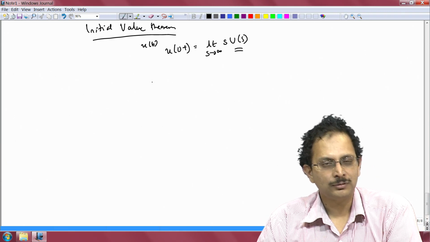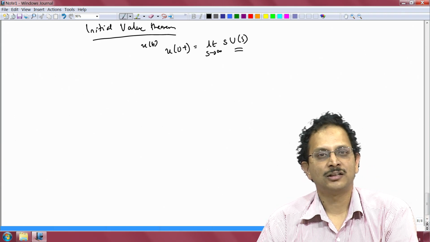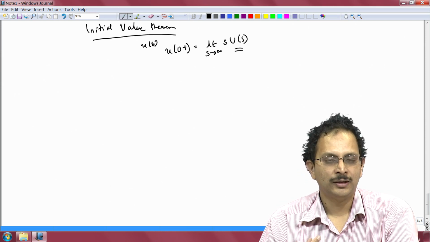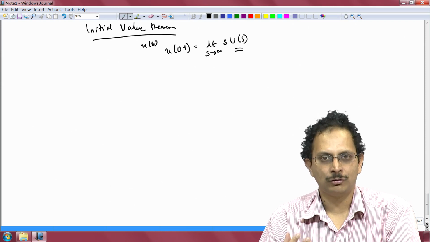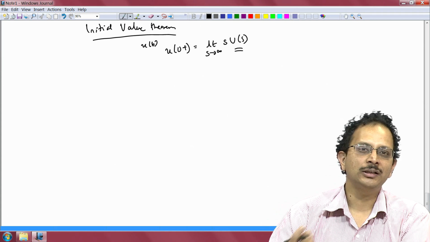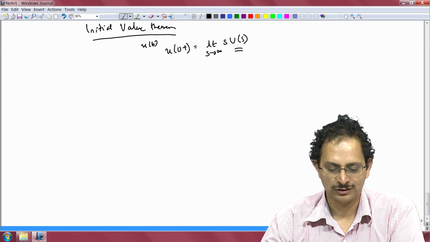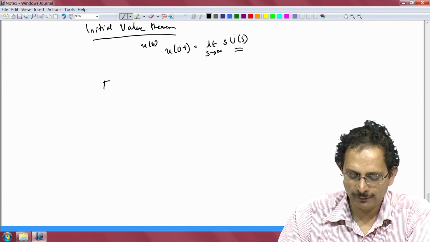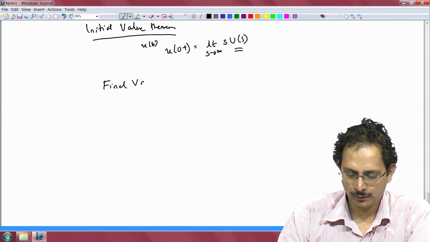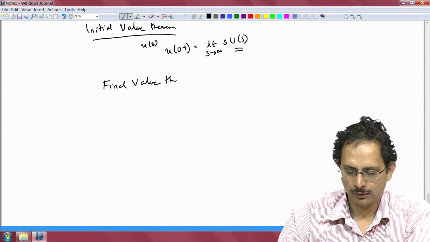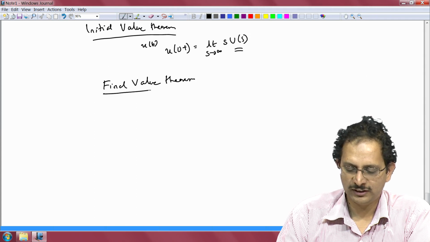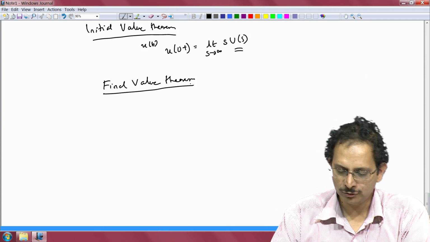Likewise, there is one more theorem that allows us to predict the final value of a signal from its Laplace transform U(s) without actually having to obtain the inverse Laplace transform, and that is called the final value theorem. I state this theorem also without proof.